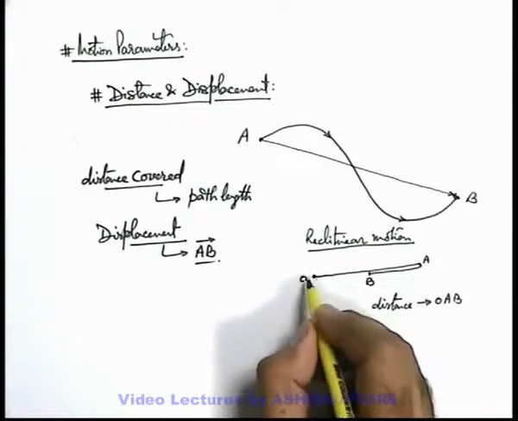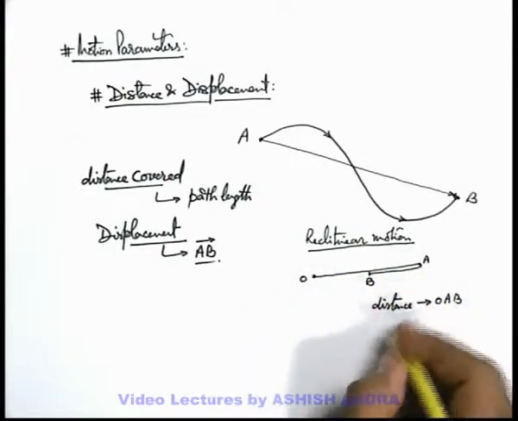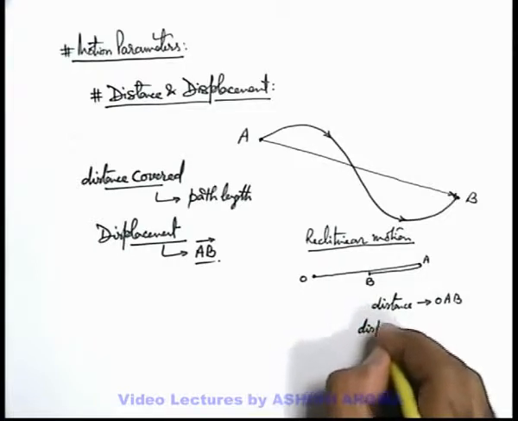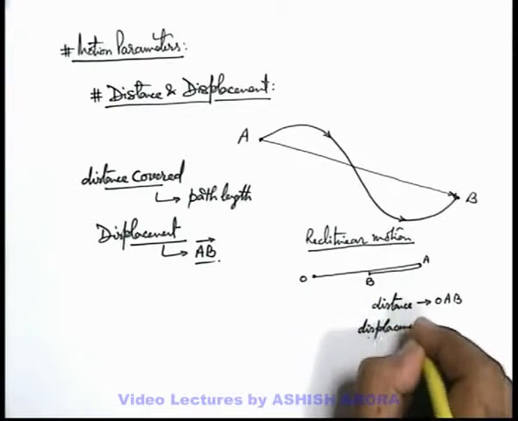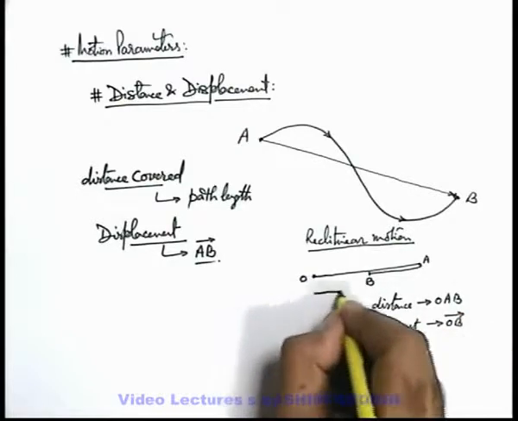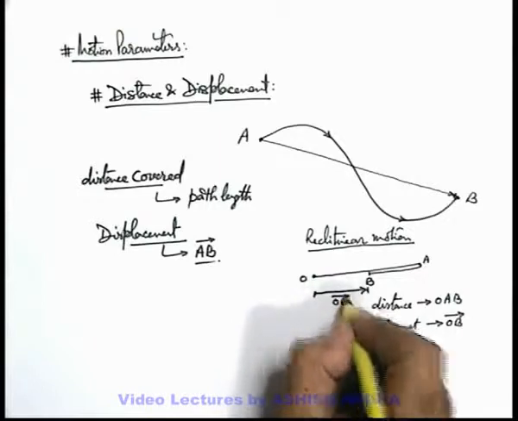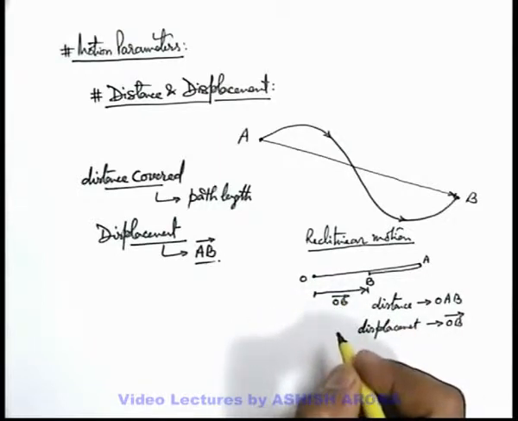It goes from O to A, then A to B. The total distance will be OAB. And its displacement can be written as OB vector. It is directly from starting point to the end point, this vector OB which we call the displacement vector.